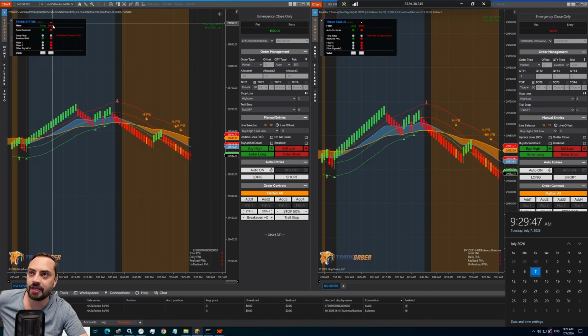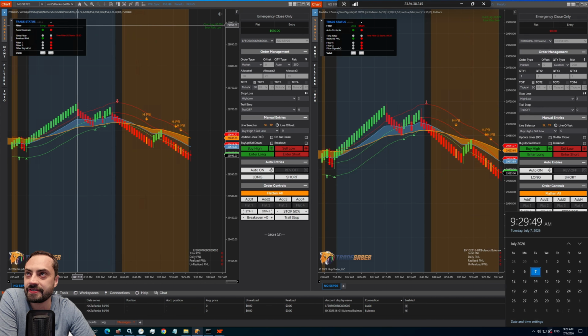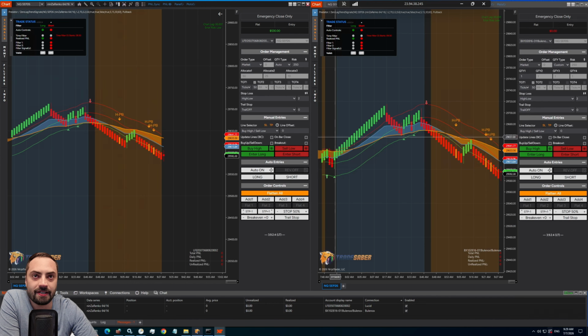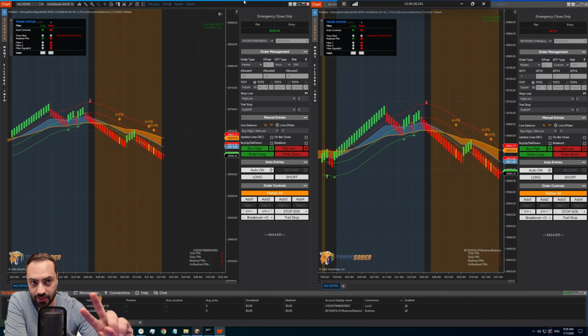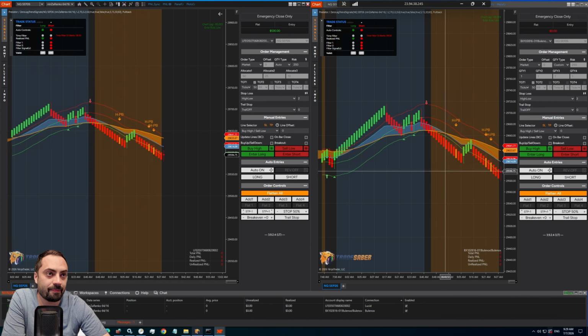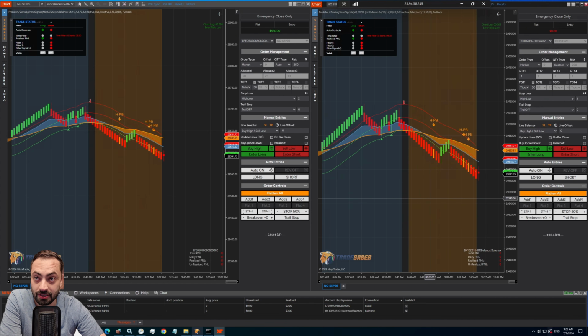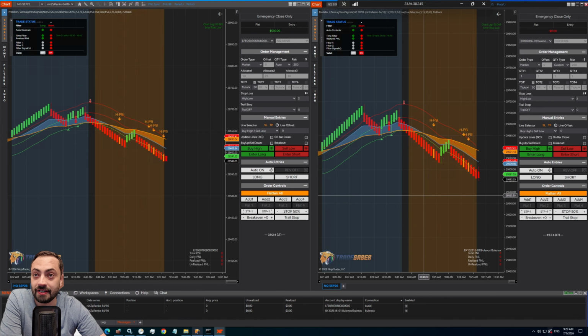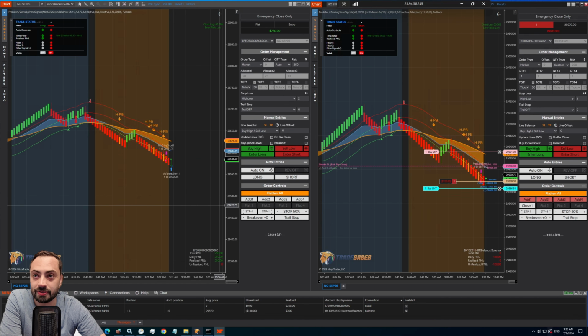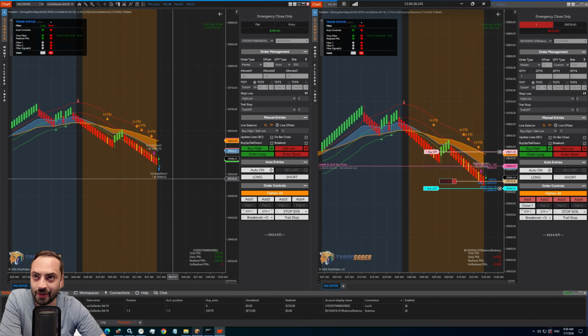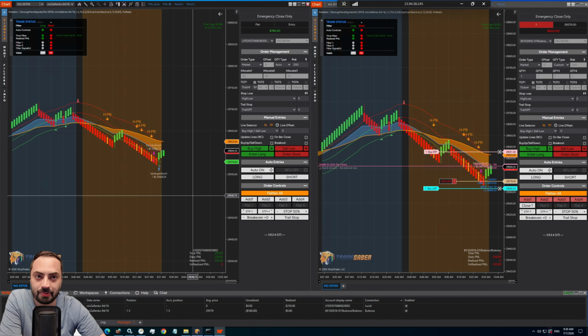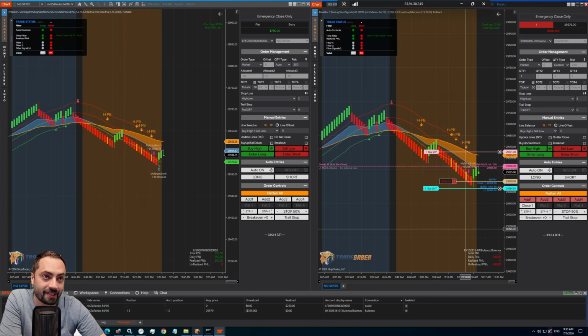So once 9:30 hits, you're going to see the trade status turn to green. And yes, I am running the same strategy on both accounts. You can use a trade copier if you want, if that's something that suits your needs. If not, then don't. So here we actually got a trade right away, and it went right to our profit target on one account.